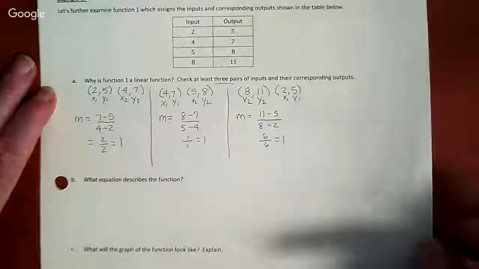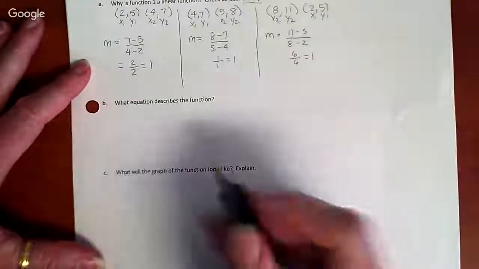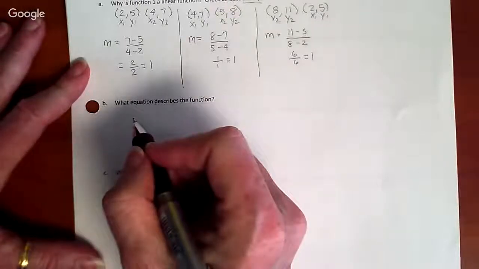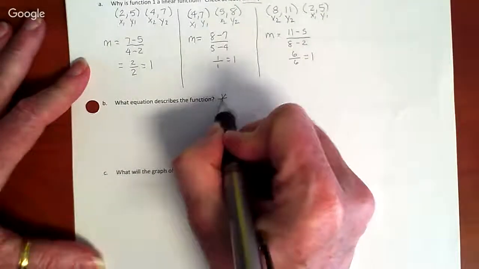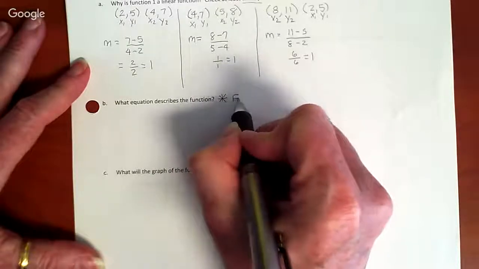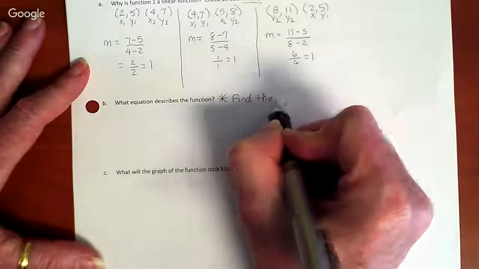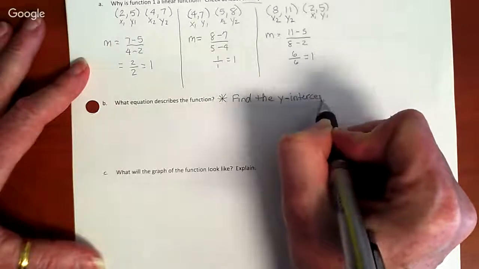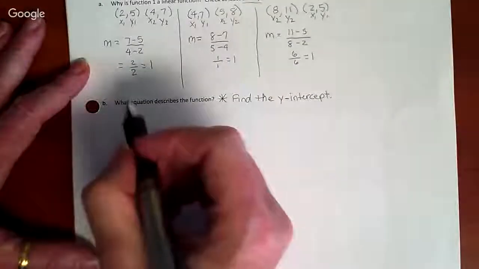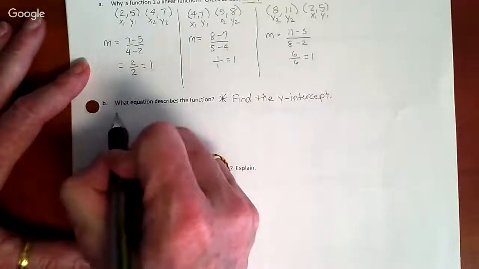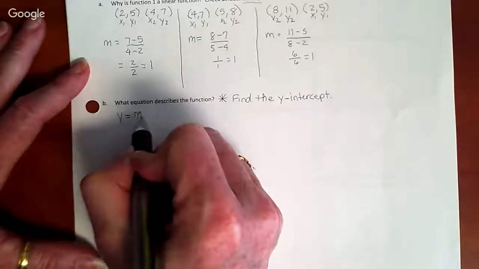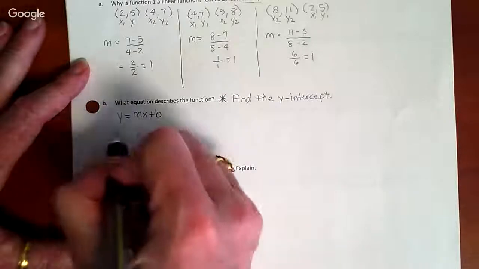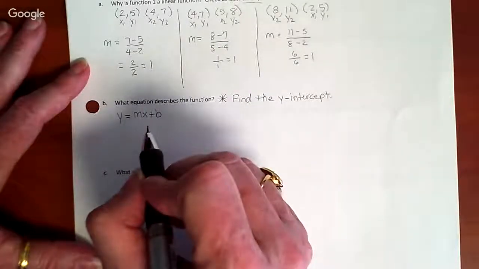So now it says, what equation describes the function? And remember, here's how we do that. Well, we know our slope is 1. So what we have to do is find the y-intercept. Here we know that our slope is 1. So we are going to take a point.